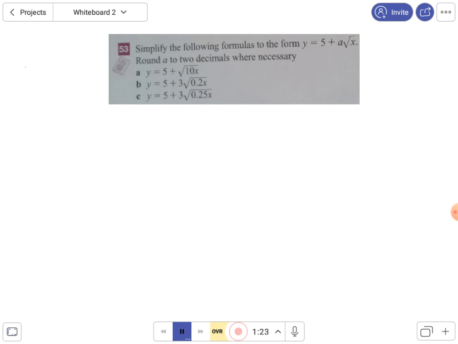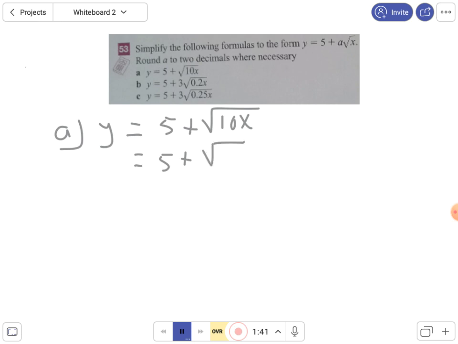When we have exercise A, and write down the exercise always in your notebook. Y is 5 plus the square root of 10x. As you know, you can write the square root of 10x as the square root of 10 times the square root of x. And when we calculate the square root of 10, then we have actually already the number a.